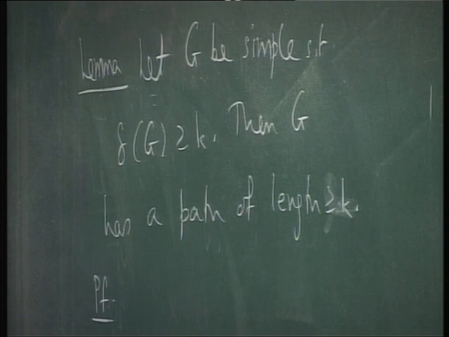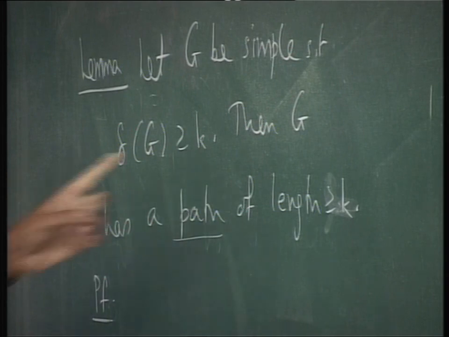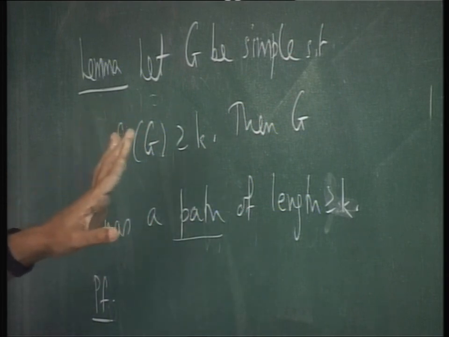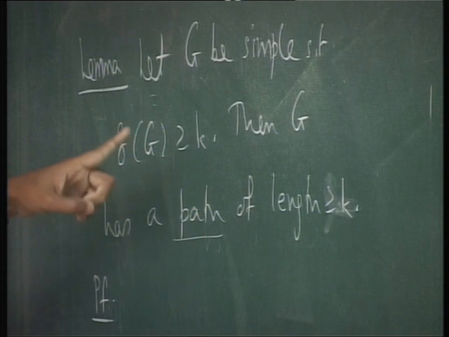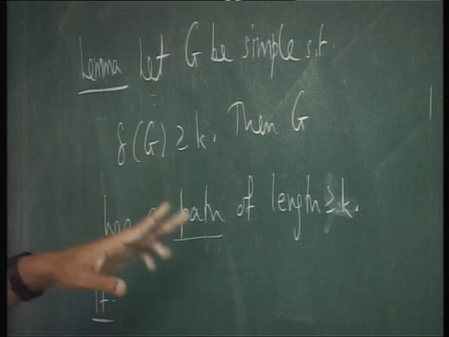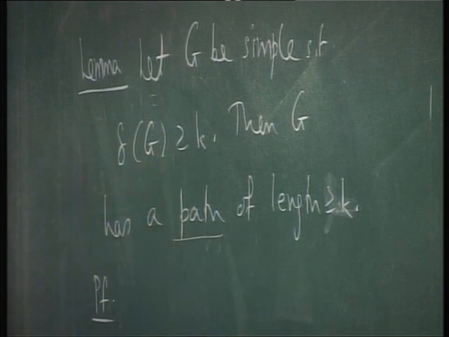Okay, what is meant by standard? What is it that I do? I want to construct a path whose length is at least k. So I would say we're talking of a simple graph. There are no loops here. This statement will not be true in case there are loops, because I can just take one vertex and keep drawing loops around that vertex. So this is false in case your graph has loops.